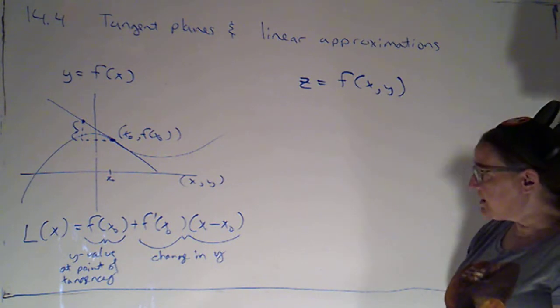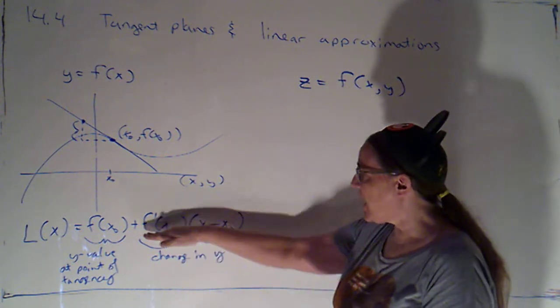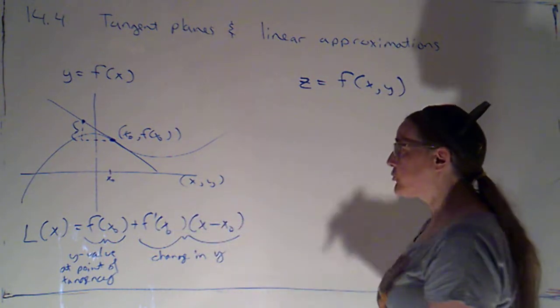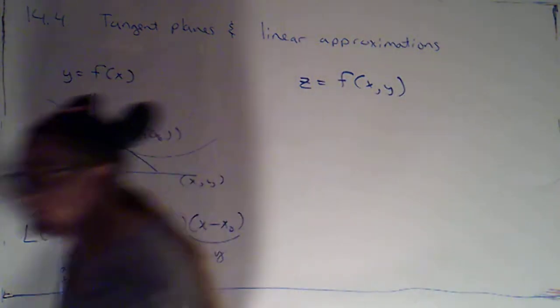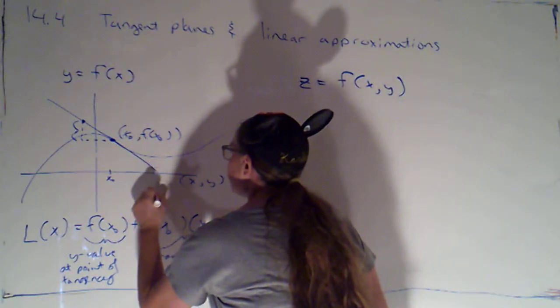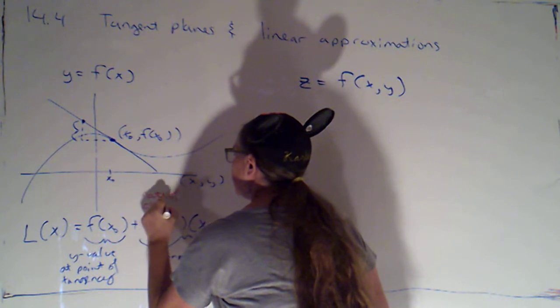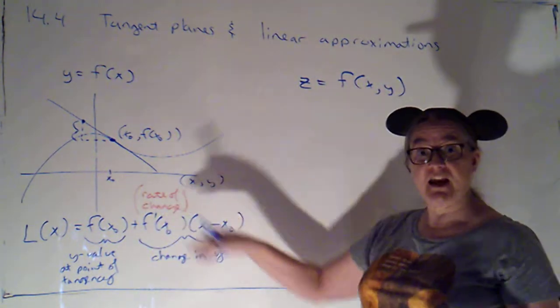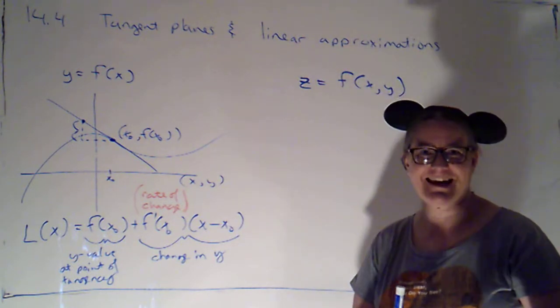But I calculate that change in y by multiplying two things together. That f prime at x naught, that's a rate of change. And more specifically, it's the rate of change of y with respect to x.